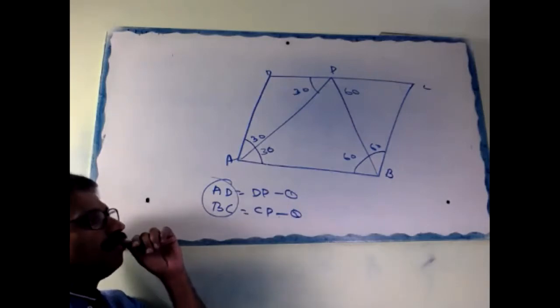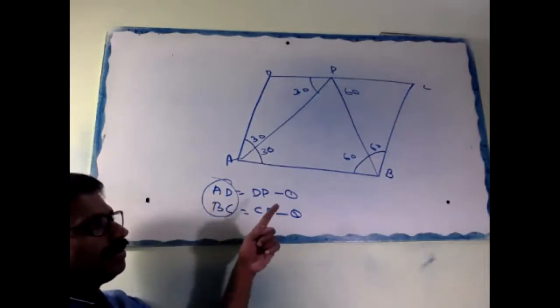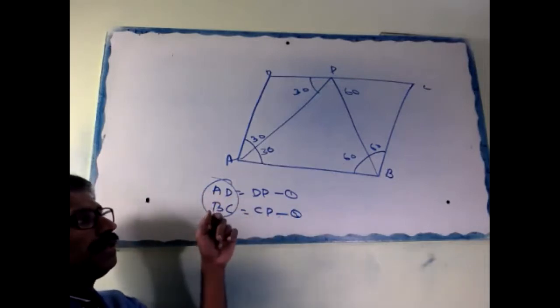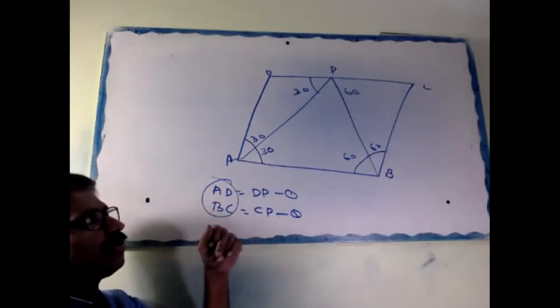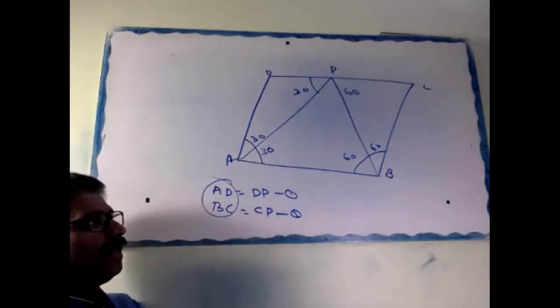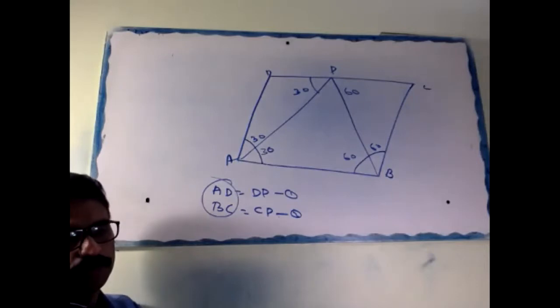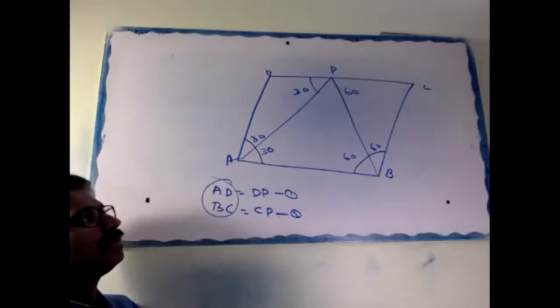Then angle ABP equals angle PBC equals 60 degrees, since BP is the bisector.